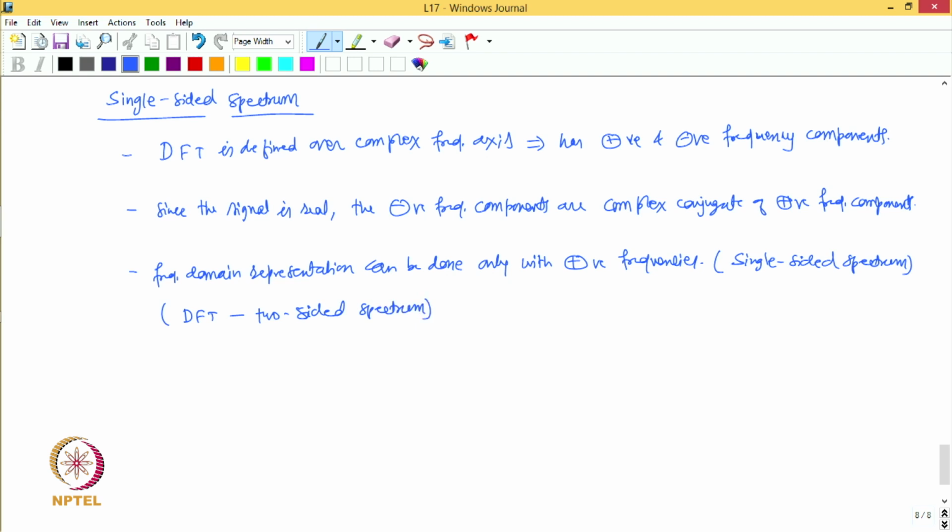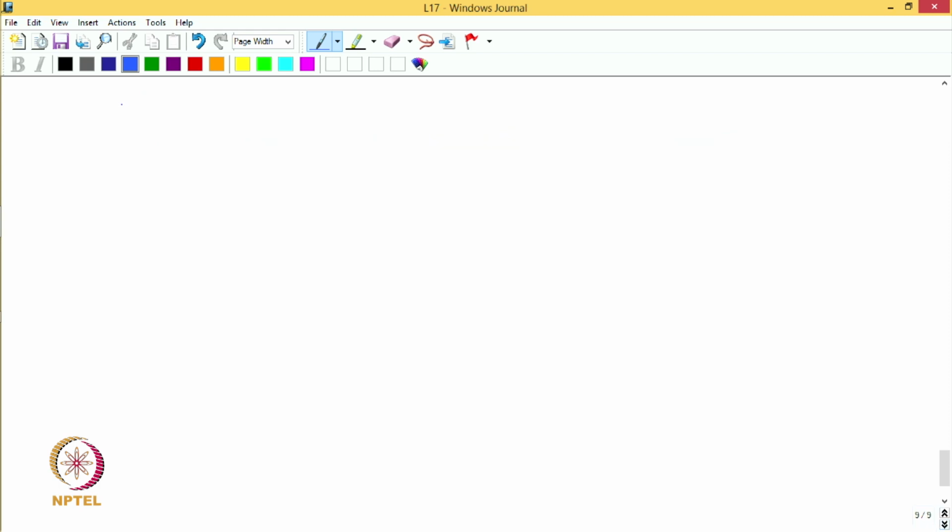So how can this representation be obtained? Let us go to the next page. Let us say the single sided spectrum is represented by y bar k.